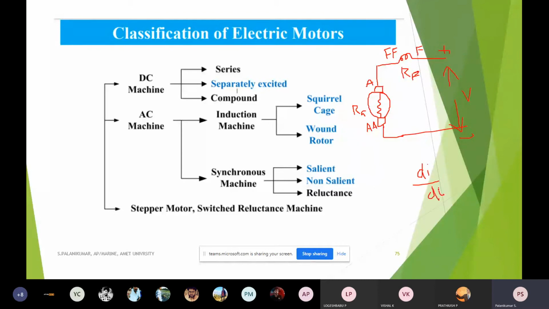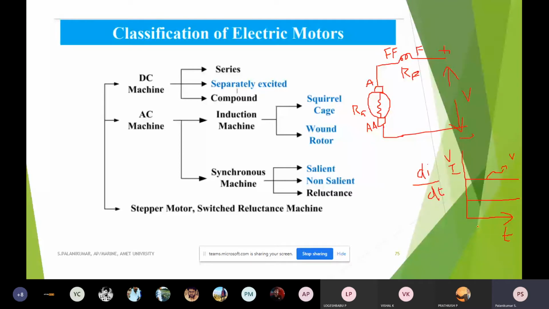For a change in time, how much is the change in current? With a DC supply, it is a straight line. If I draw time against voltage or current, the voltage is a straight line and the resulting current is also a straight line.